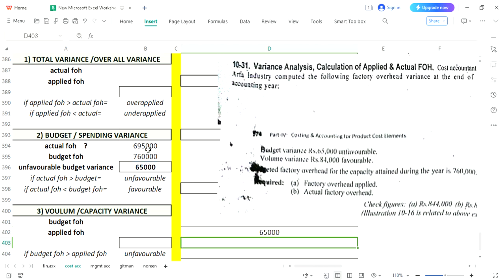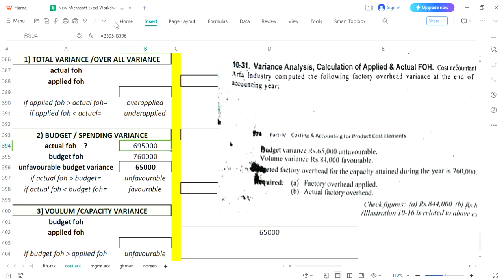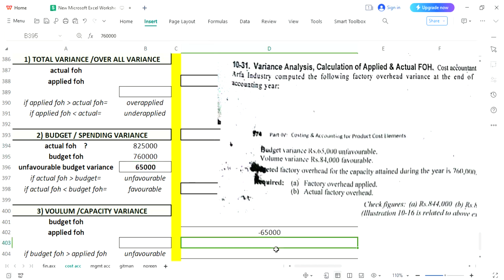Now I will change this figure, and instead of subtracting, I'm going to add 65,000 with 7,60,000. Please try to understand, this 65,000 was calculated when we subtracted both amounts, and now we are adding both amounts. So you have got 8,25,000. If you calculate the difference now, from 8,25,000 you subtract 7,60,000, you will again get 65,000.